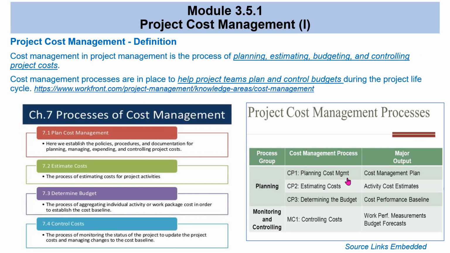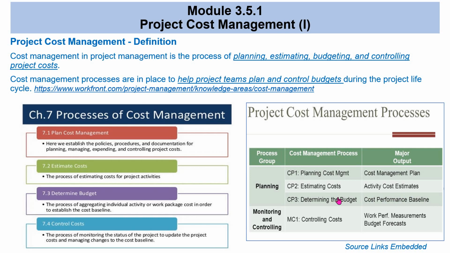In doing cost management, developing a cost management plan is part of the planning process group. Estimating activity costs for each activity is also part of the planning group, as well as planning the performance baseline, in which you determine the budget.